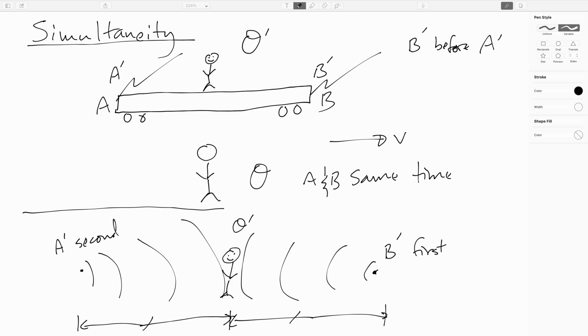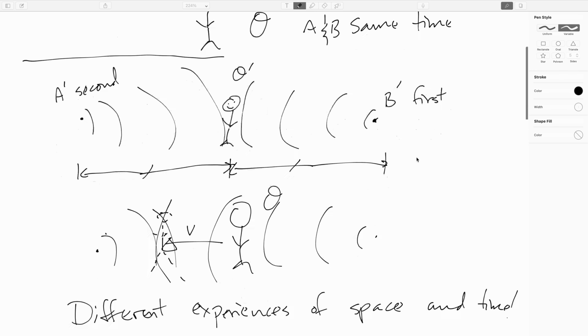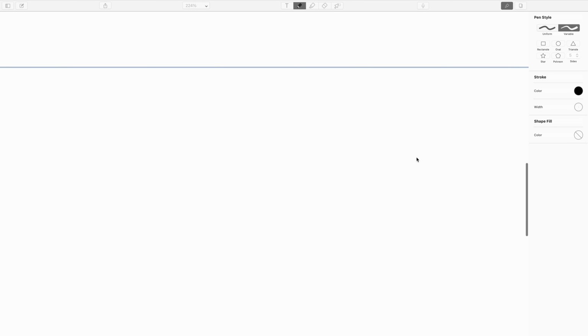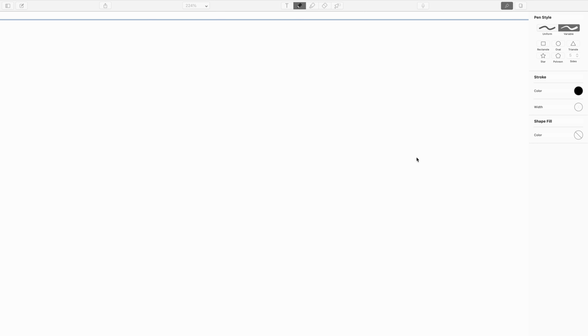So let's start with the time side of it, because it's probably the more straightforward. The phenomenon is called time dilation. And again, this is coming from a thought experiment due to Einstein.